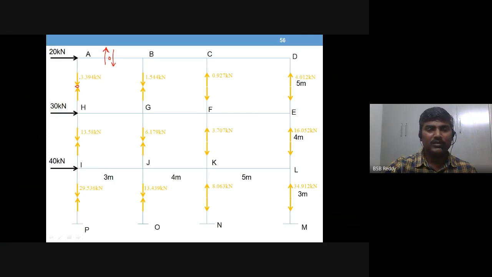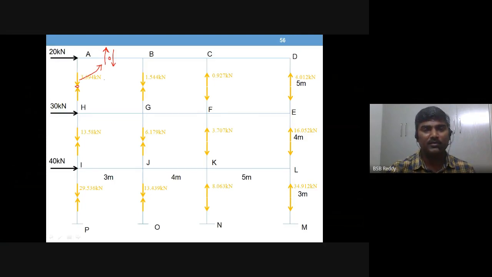Now it is reverse here, we are going back. So from column axial load, you are about to estimate shear value. Okay, right. Let's see how it is.